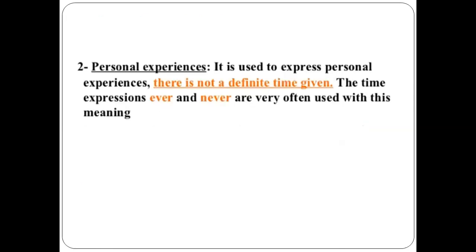Usage number 2. We can use present perfect tense for personal experiences. It is used to express personal experiences. There is no definite time given, so we don't have to tell the exact time reference of when the action happened.